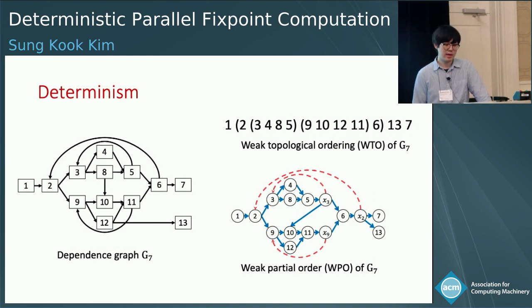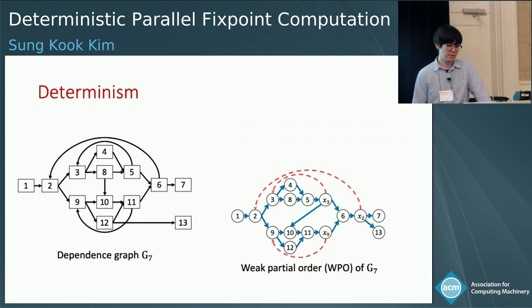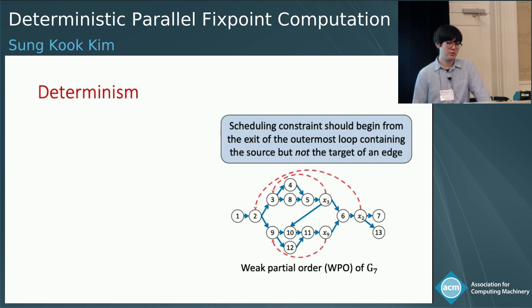Now, we have seen that adding these constraints requires some considerations. In general, the scheduling constraint should begin from the exit of the outermost loop containing the source, but not the target of an edge.